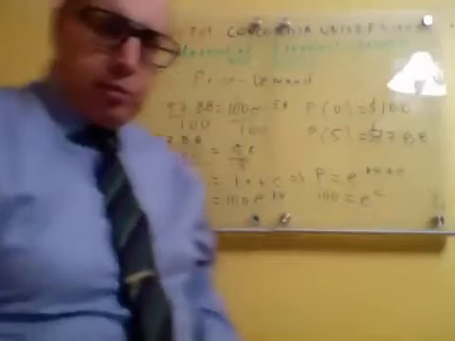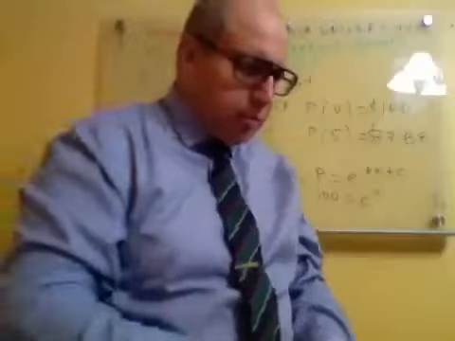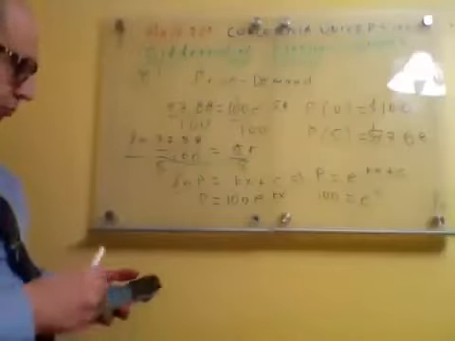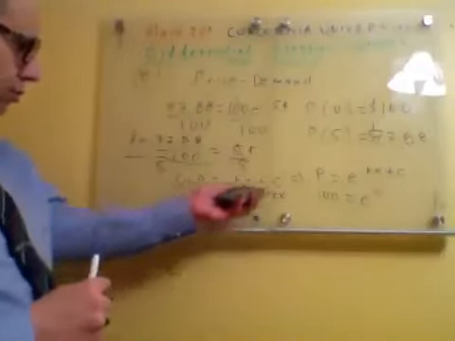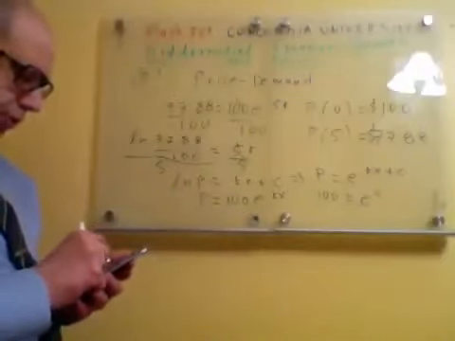You can calculate that with your calculator. I don't think that's a problem. So that means that we know how much k is, and that will give you the price demand equation.